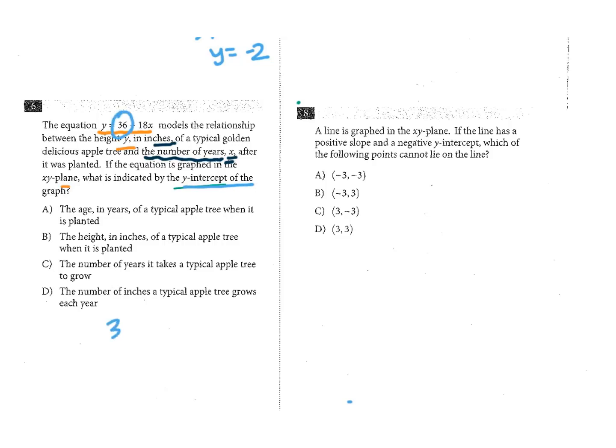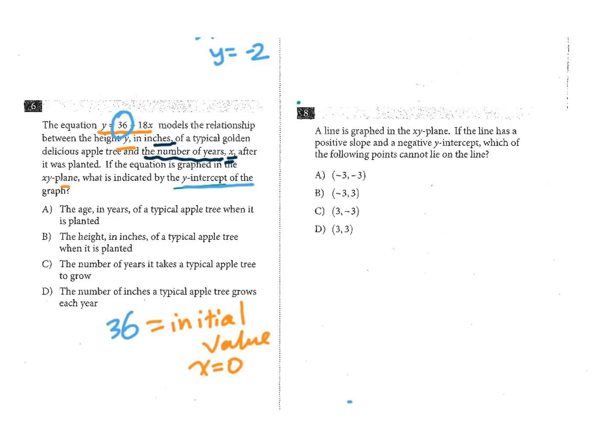For 36, we call the y-intercept the initial value. That means when x equals 0, what's the value of y?